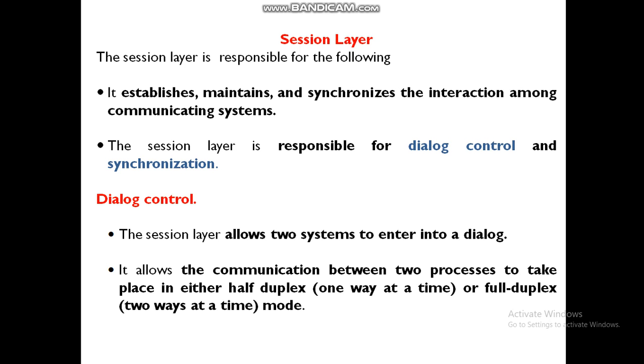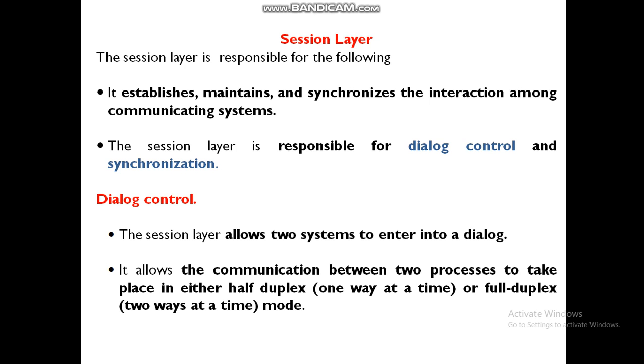Then what does dialogue control mean? The session layer allows two systems to enter into a dialogue. It allows the communication between two processes to take place in either half duplex or full duplex mode. Once a communication has to begin, there must be an agreement between the sender and the receiver.